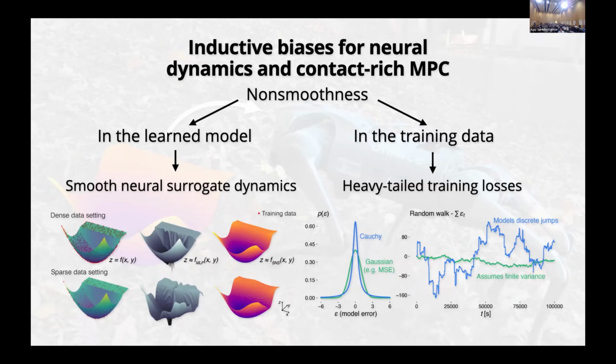A Gaussian distribution is defined by the mean and has a variance, while the Cauchy is defined by the median and has a median absolute deviation. Actually, the Cauchy variance is completely undefined. That enables it to capture these more discrete jumps in the data itself and enables much better learning and much more stable convergence overall.